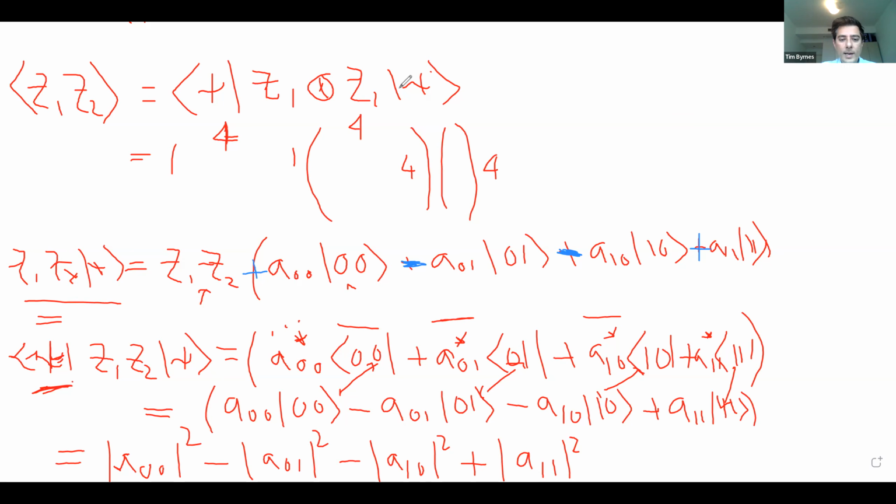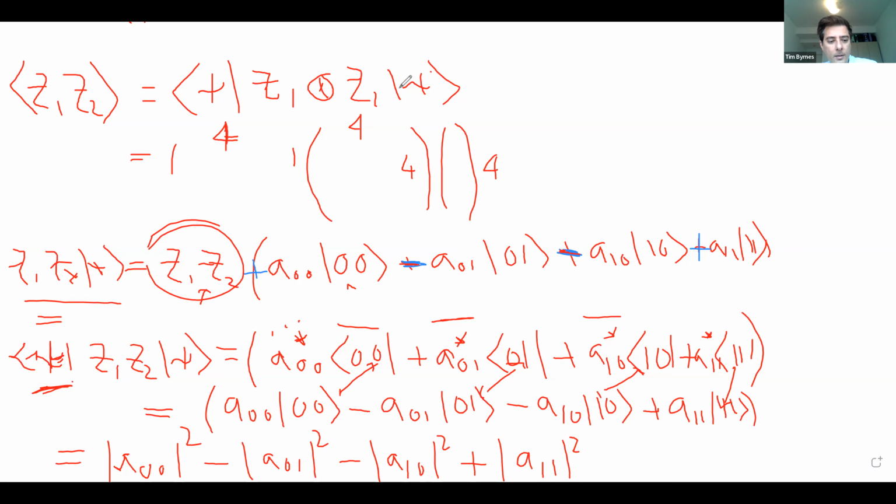Now, the only reason why these ones had an extra minus sign, for example, is basically because of the action of this operator here, right? So if that operator Z1 Z2 wasn't there, then all these would have a plus sign.